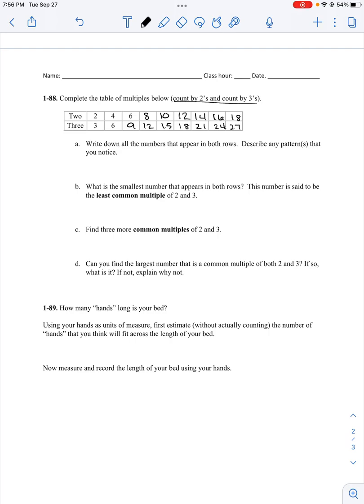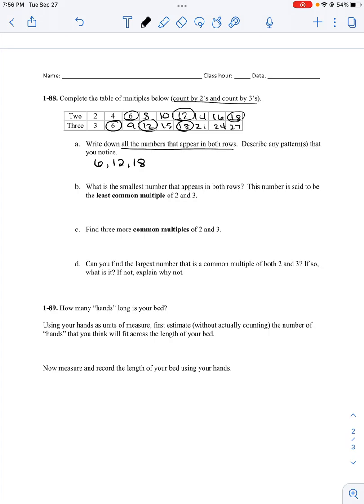Okay, we need to write down all the numbers that appear in both rows. So along the top, I have a 6, and I know that a 6 is down here. If I keep going, 12 is here, 12 is here, 18 and 18. So the ones that appear in both rows are 6, 12, and 18.